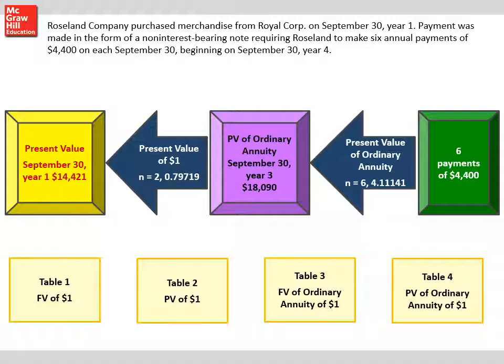We need to pull out the interest component for 2 years, n equals 2 at 12% interest. So the value of this loan and the inventory that is being bought, the principal, $14,421. So that's what you would record the inventory at, and the note payable.